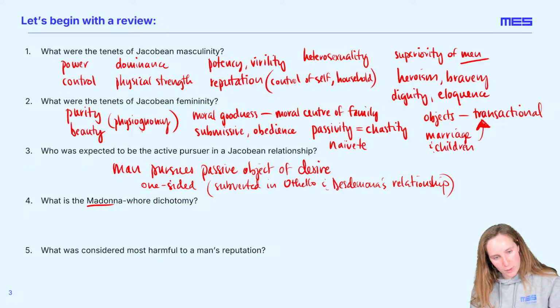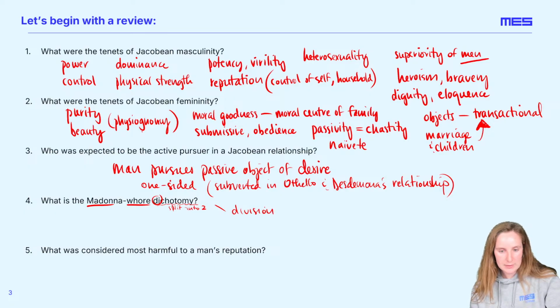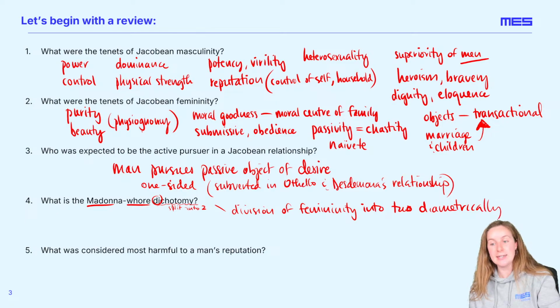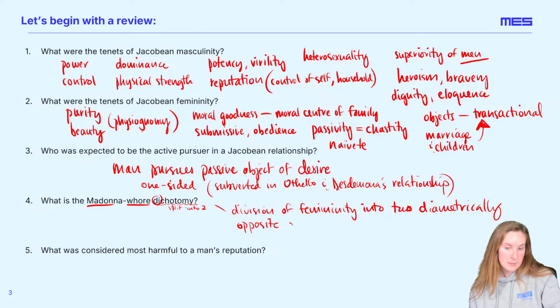Now, this Madonna-whore dichotomy. A dichotomy, firstly, is this split into two. Di meaning two, like diameter, split into two. And these are the division of femininity into two diametrically, which means completely opposite archetypes.